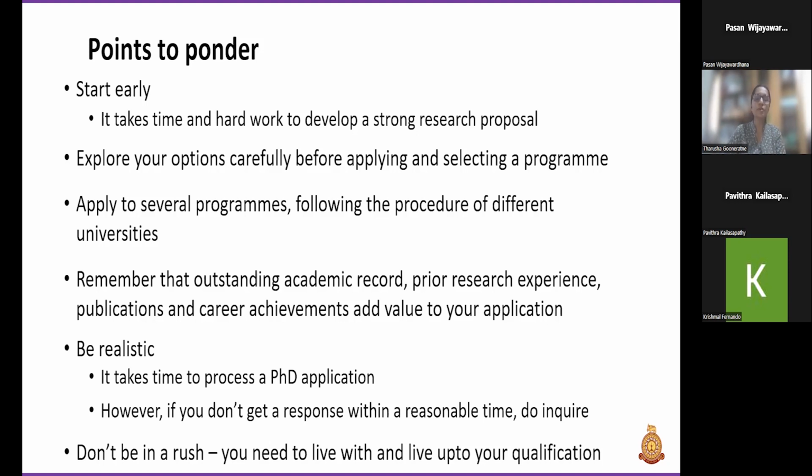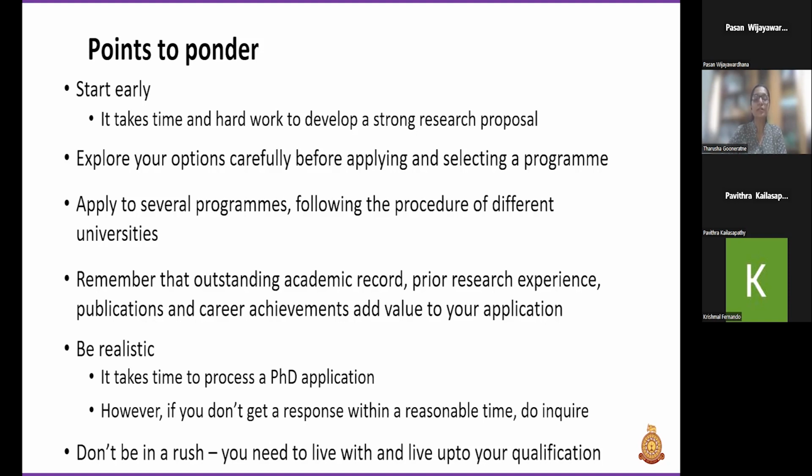And then in terms of after applying for the PhD, understand it takes a while. Again, depending on the country, the time that you apply would be different, and the time that you apply for the scholarship also could differ.